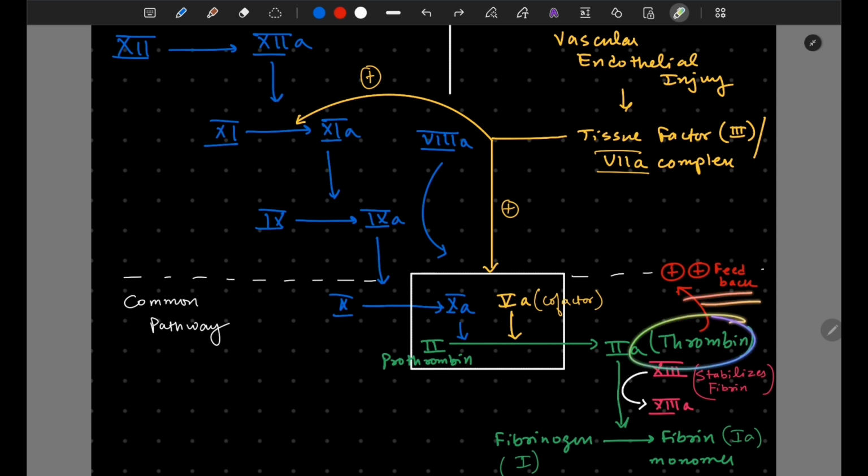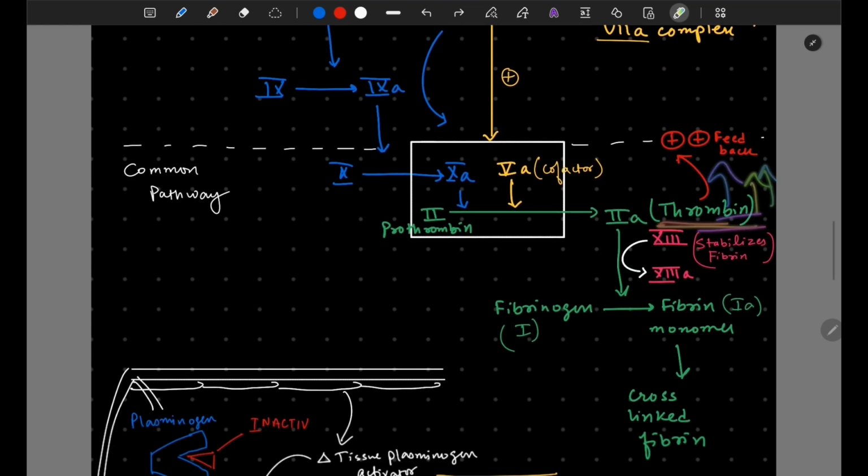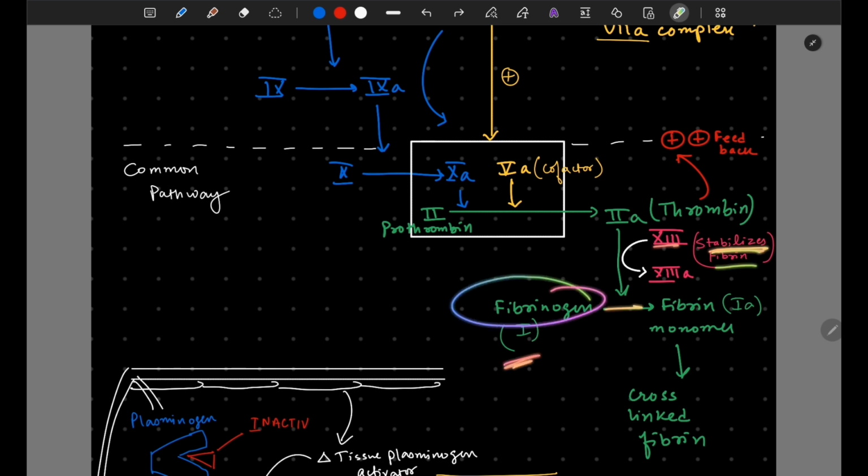Basically, this thrombin will activate its own production, leading to more production of thrombin in the blood vessels. This thrombin, with the help of factor 13, which is the stabilizing factor, causes fibrinogen, which is factor 1, to convert into fibrin, and fibrin is a monomer.